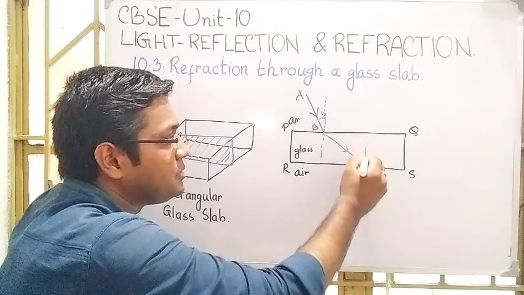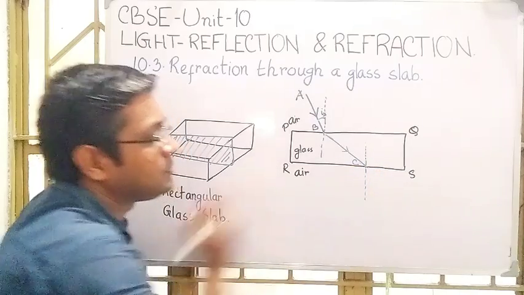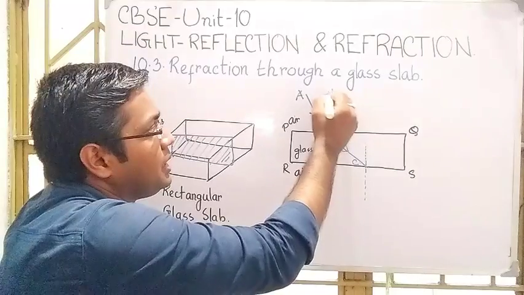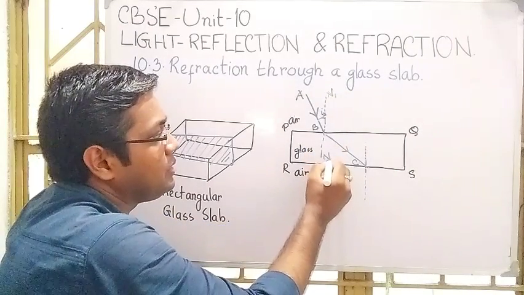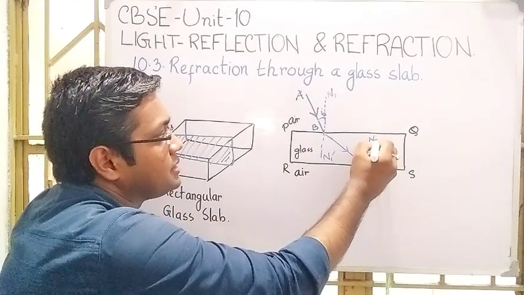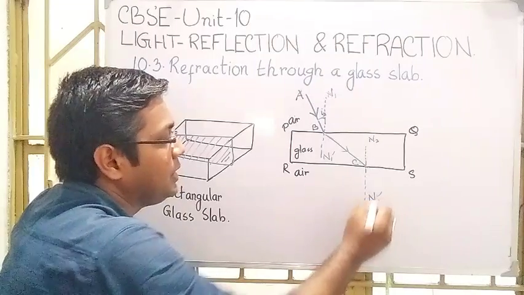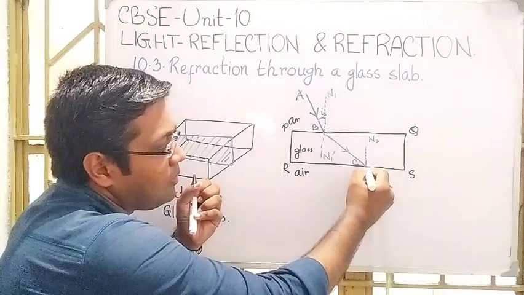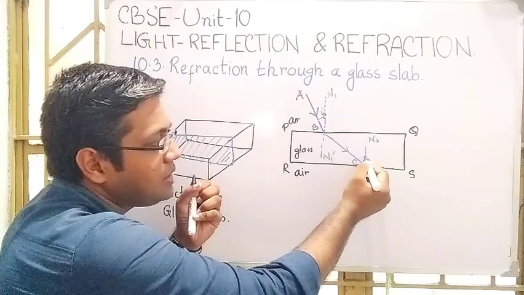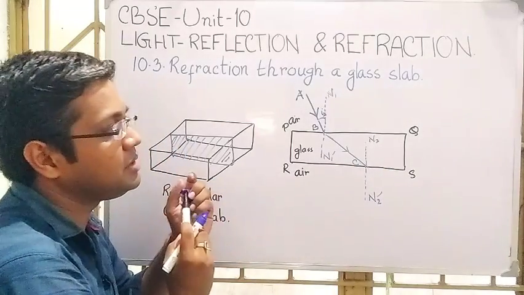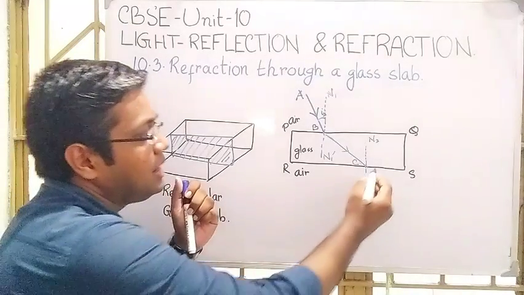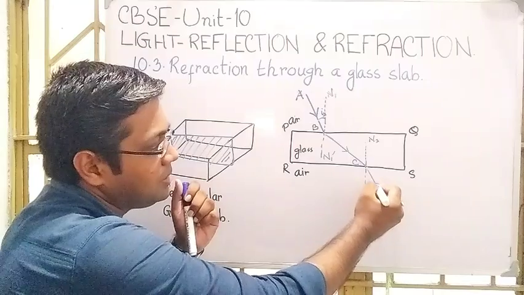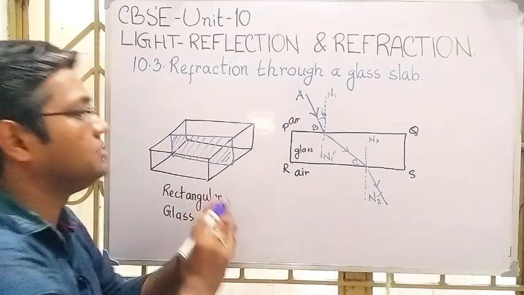Here also I have to draw a normal at the point C. Let us consider N1, N1 dash, N2 and N2 dash. Obviously, since it is refracting from the denser medium to the rarer medium, the light ray will bend away from the normal.